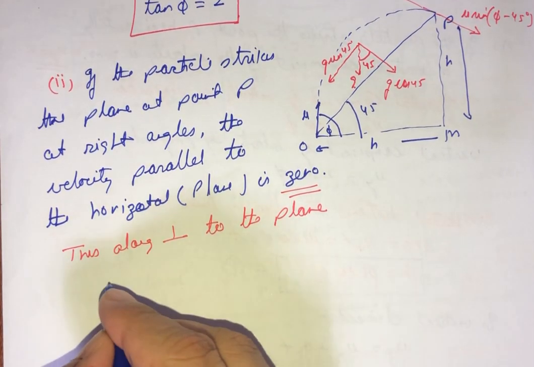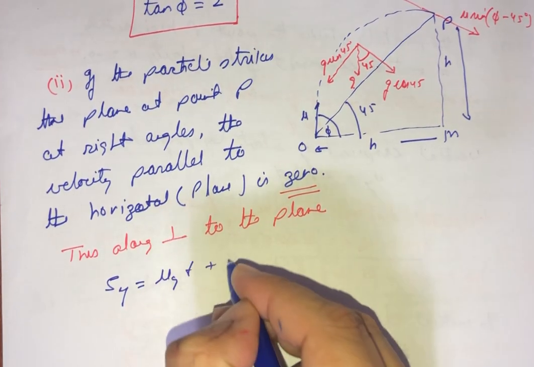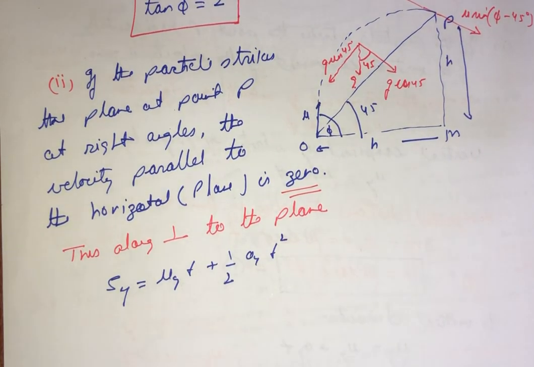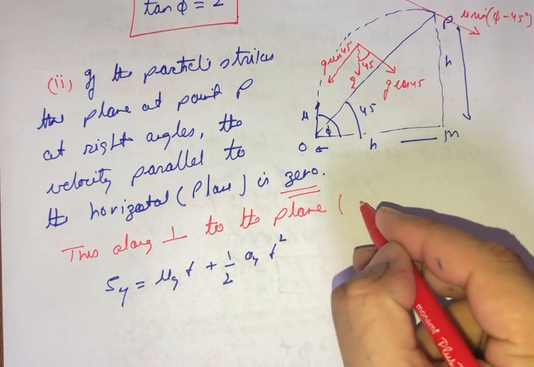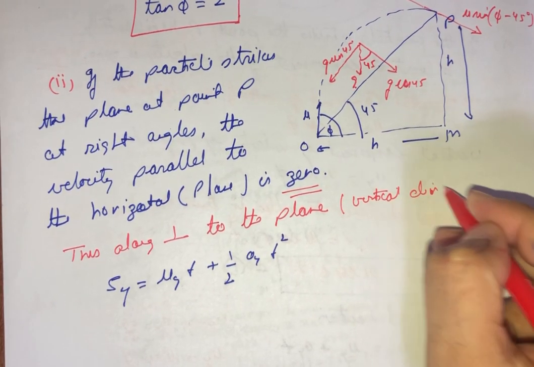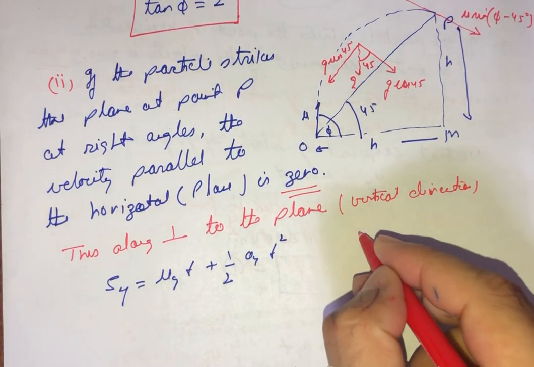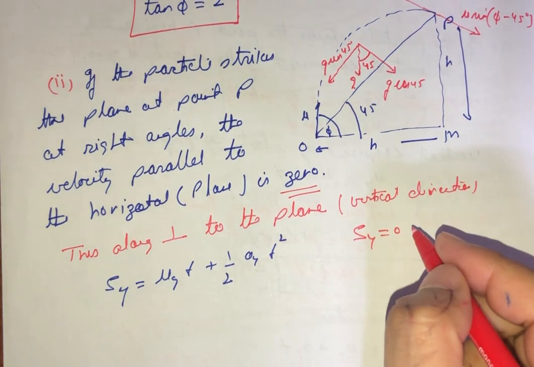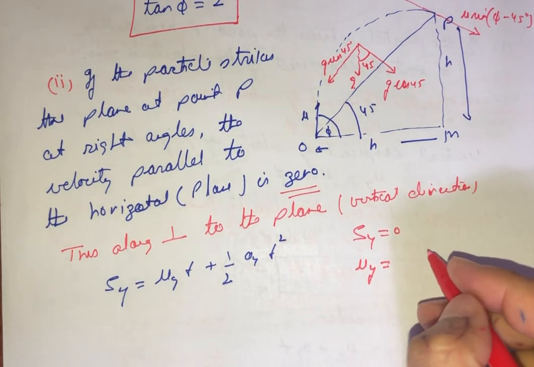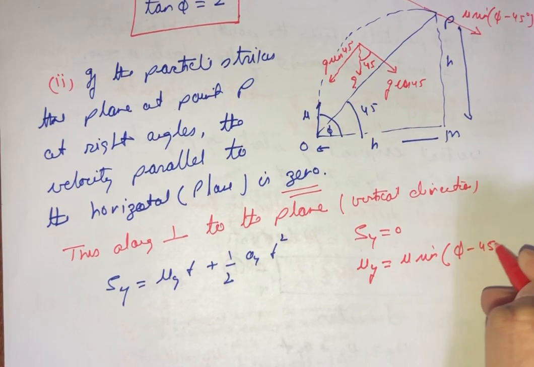the vertical distance sy is equal to uy t plus half ay t square. Now in the vertical direction, the distance traveled sy is equal to 0 and uy is equal to u sine of phi minus 45.